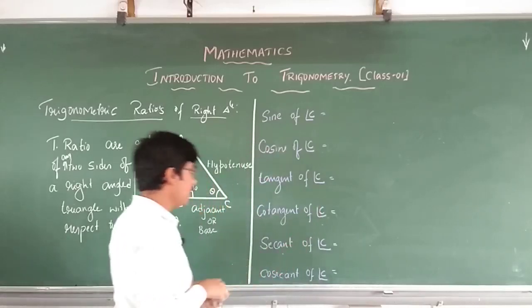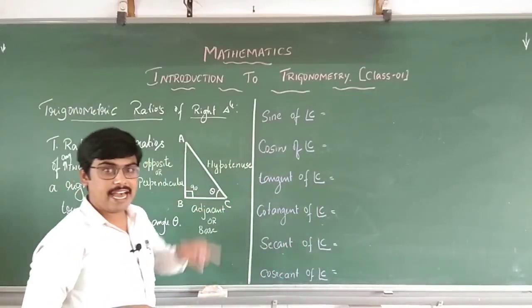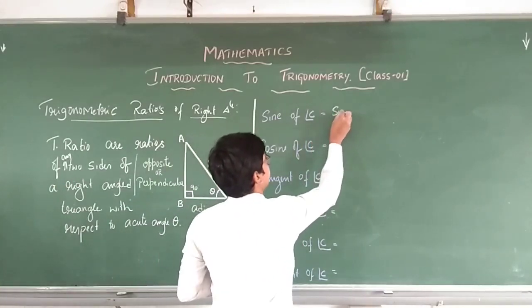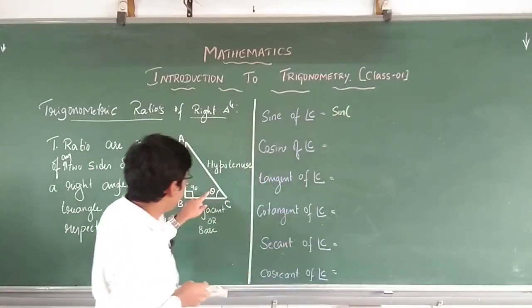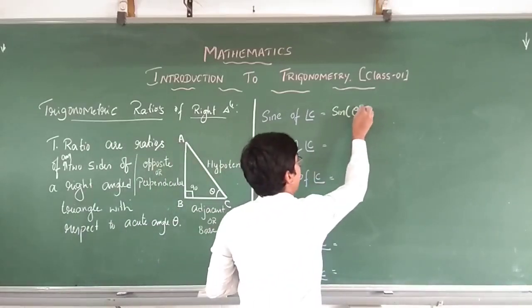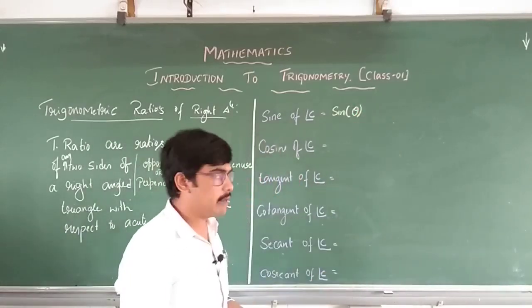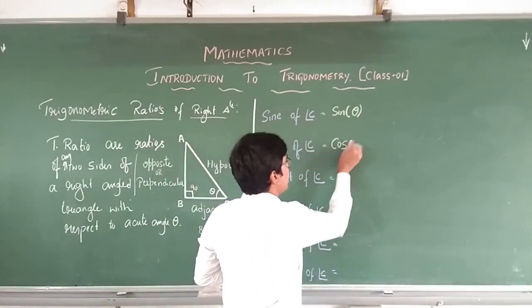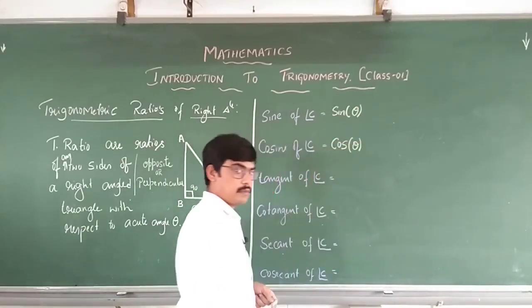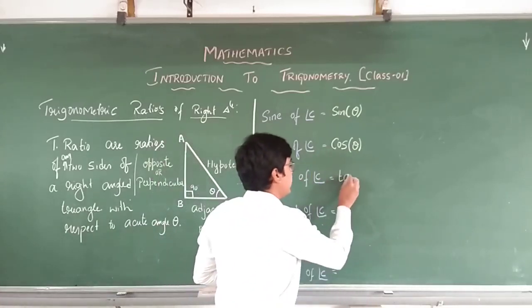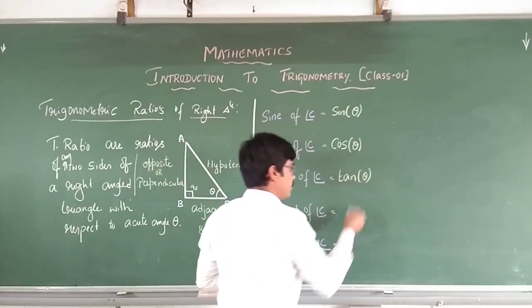In short, we write sine of C as sin C, but here we are denoting the angle C by theta. We will write simply sine of angle C or sin theta, both can be written. Cosine of angle C is denoted by cos theta. Tangent of angle C is denoted by tan theta.